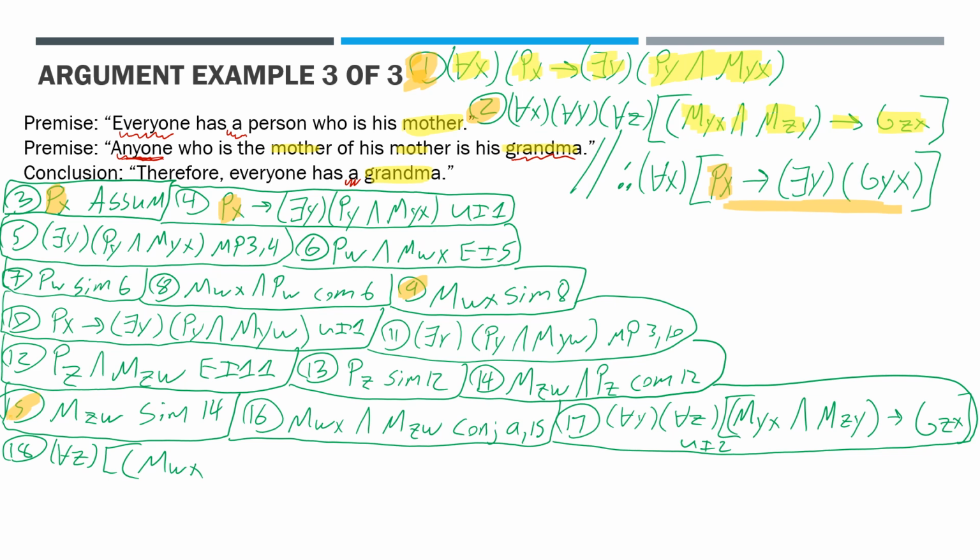So w is substituted for y. So m wx and m zw, arrow, g zx. All right, so this is universal instantiation 17.